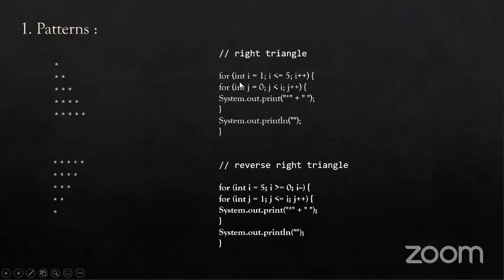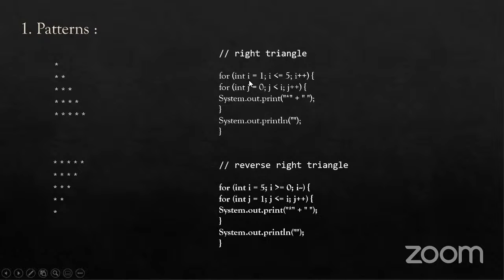In this part I'll write a for loop with i equal to 1, i less than or equal to 5, so that it will iterate while i is less than or equal to 5, and i will increment. Next, the j loop will be set so that j is less than or equal to i.